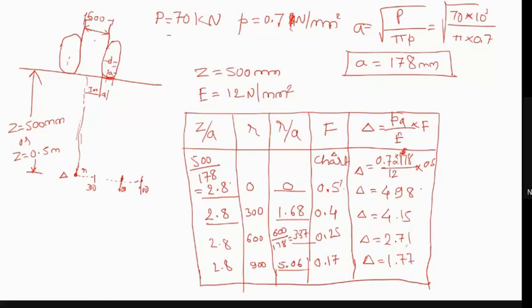Here you can observe the deflection is decreasing as you go away from the axis of loading. If they tell you to write a comment, you can note this observation: as we go away from the axis of loading, the deflection decreases.